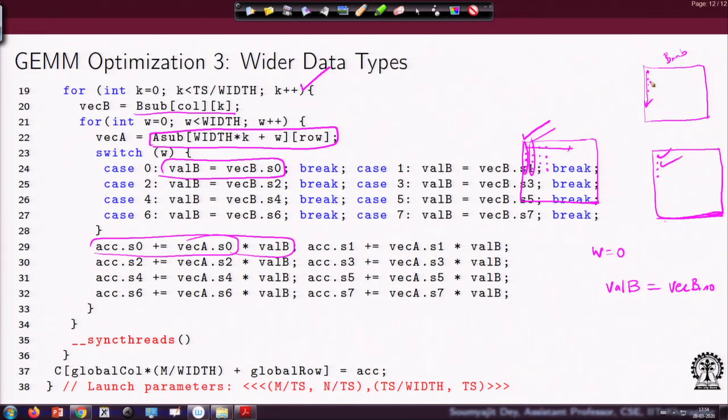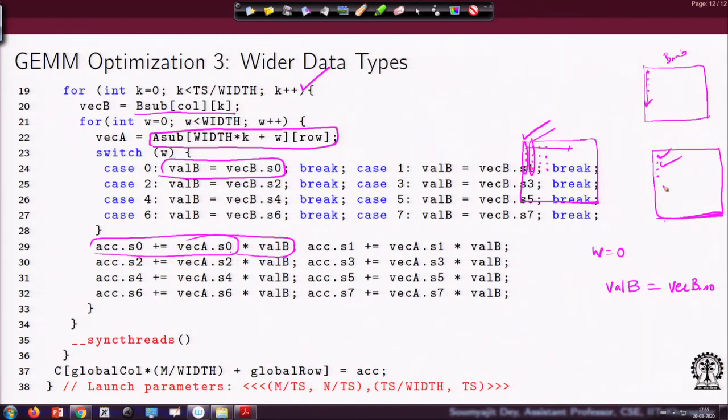Of course, I would need it here for S0, but in future when I pick up the next vec a, I would again need it, right. So here, when I am accumulating for the S0 component, this is what I am doing, but what about the other components?